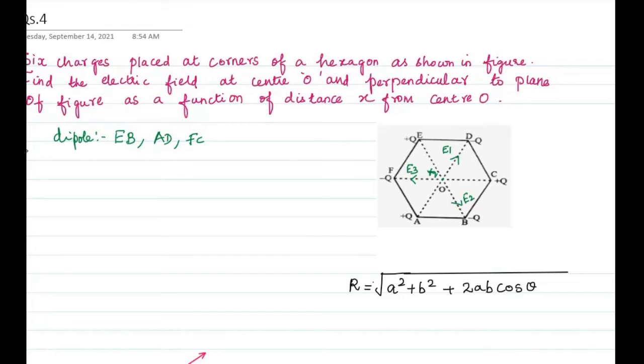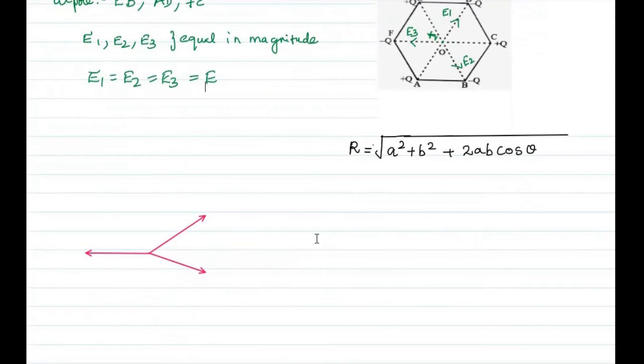So now we have three electric fields, E1, E2, E3, and all these three will be equal in magnitude. So E1 equals E2 equals E3 equals E.